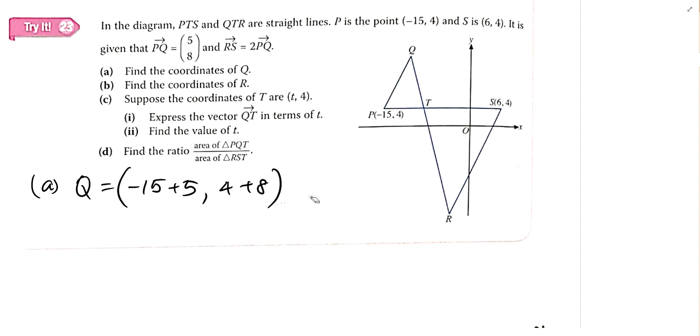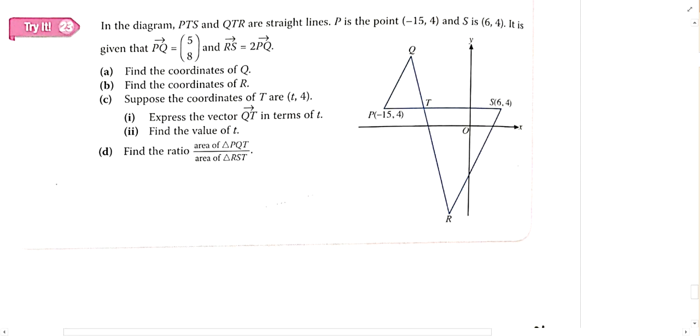Because if you're dealing with vectors, you should be using vectors. So part A, I want OQ in order to get my coordinates for Q. So OQ is given by OP plus PQ. I'm sure that makes sense to all of you.